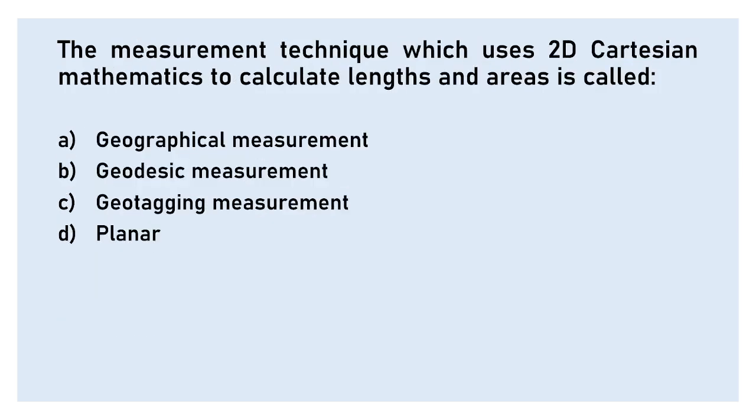The measurement technique which uses 2D Cartesian mathematics to calculate lengths and areas is called? Just focus on the term 2D, then you will get the answer. The answer is planar, because we are considering 2D Cartesian mathematics. In length and area, we were discussing that.